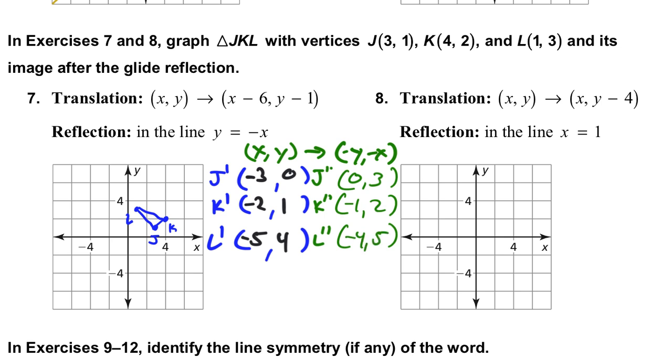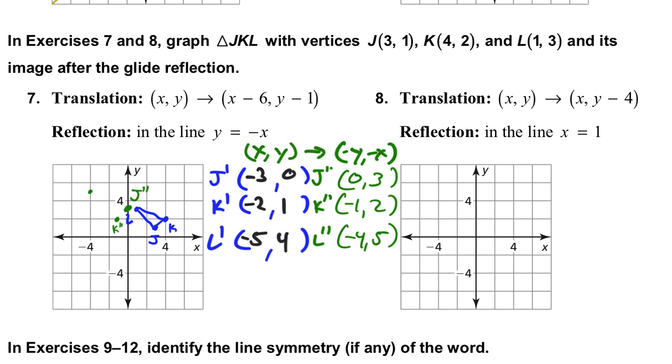So I'm going to go ahead and graph those three. I'm going to graph 0, 3, and that's going to be my J double prime. Then I'm going to graph my K double prime at -1, 2. So there's my K double prime. Then I have, let's see, what's the next one? L, -4, 5.